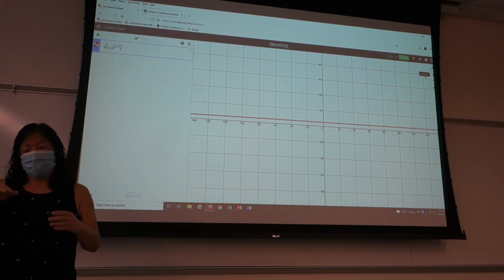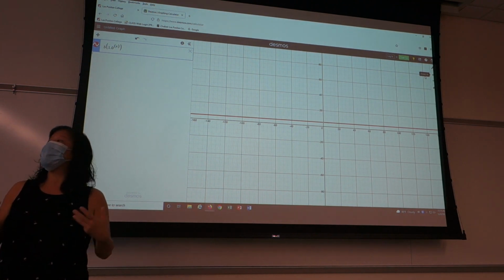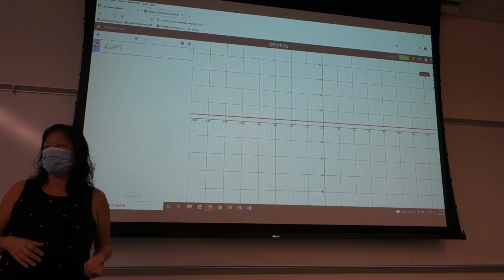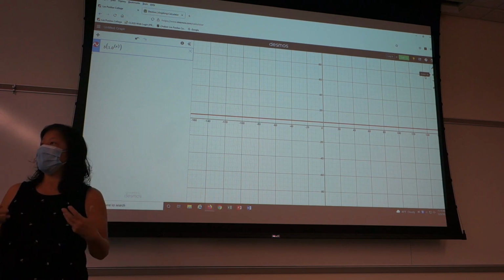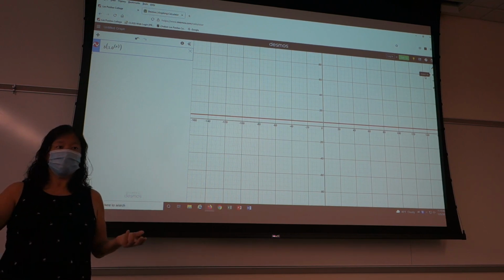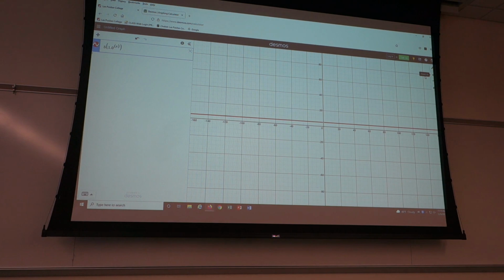If I decrease, say I decrease 25%, that means instead of having 100%, I'd have how much? 75%. So my multiplier would be 0.75.